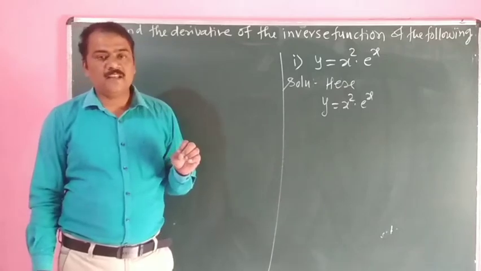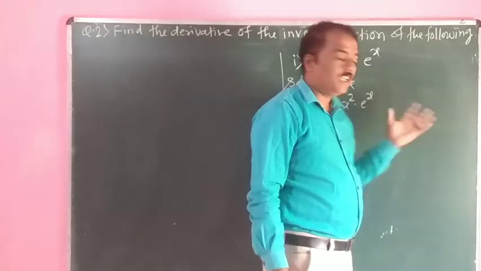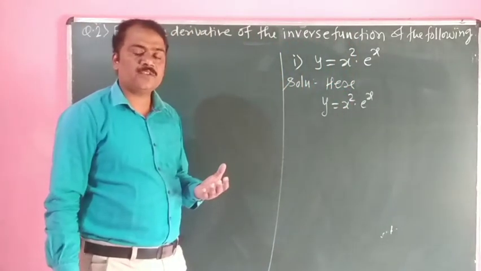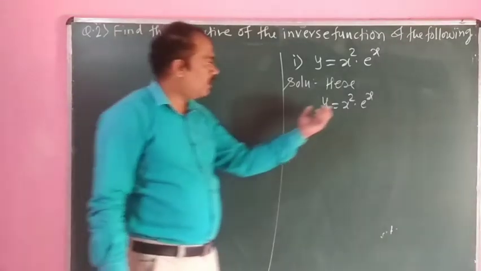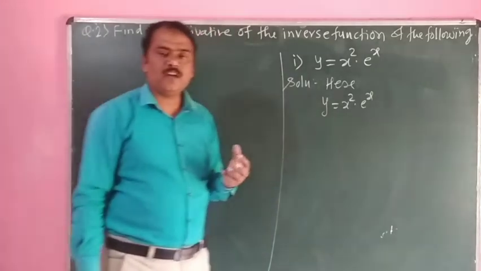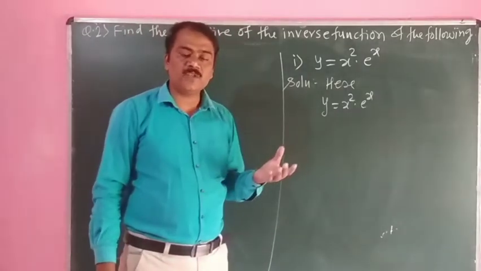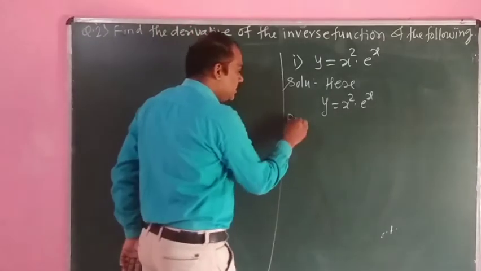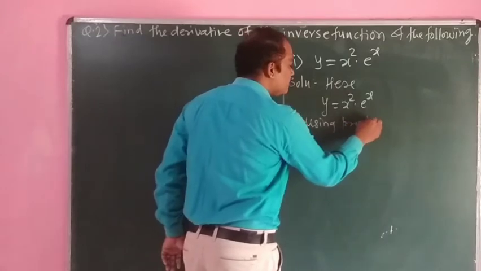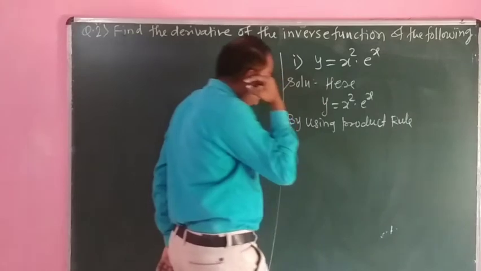Okay, so first of all, we consider the function y is equal to x square into e raised to x. Y is expressed in terms of x, so we have to differentiate with respect to x. And here it is a product of an algebraic function and an exponential function, so we have to use the product rule of differentiation.